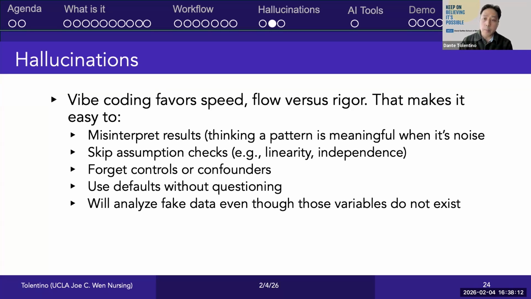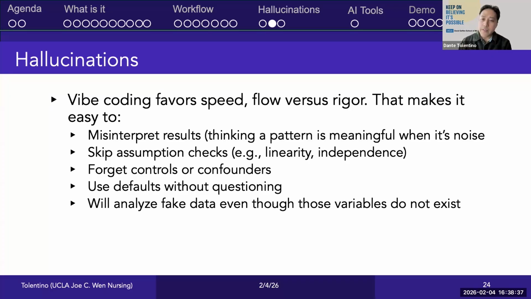They skip a lot of the assumption checks in your data analysis. So it's not going to check linearity or homogeneity of variance if you're doing ANOVA, for example. It will forget a lot of the controls or confounders if you don't put that in your prompts or in your data documentation. So be careful with that.